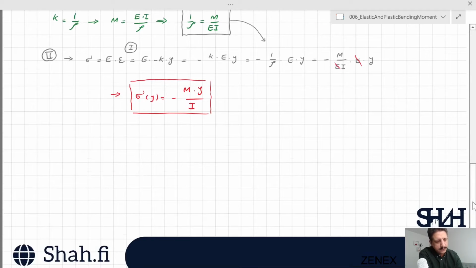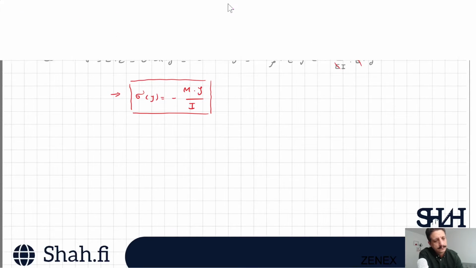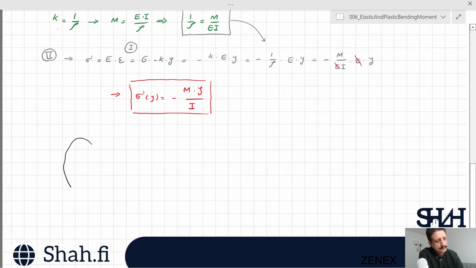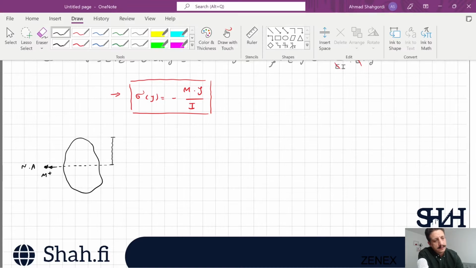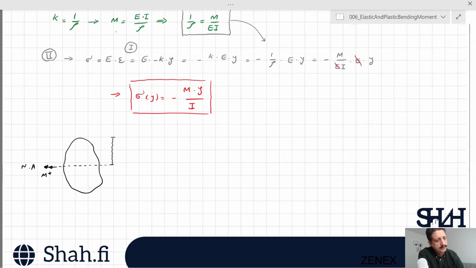Now if we look at our cross section, with its neutral axis, and if it is under positive bending moment, the upper part of the cross section will be under compression, and the bottom part will be under tension.